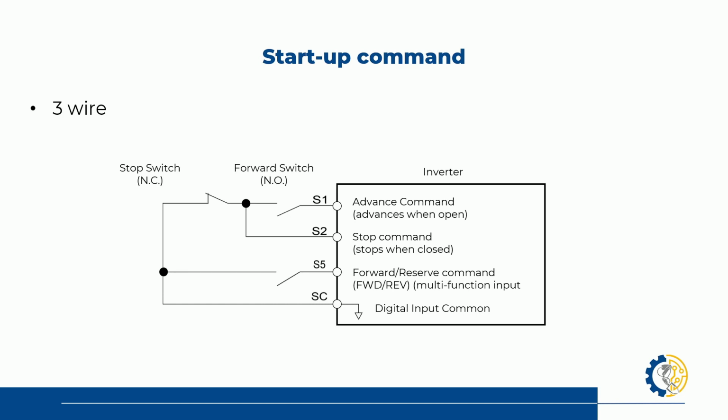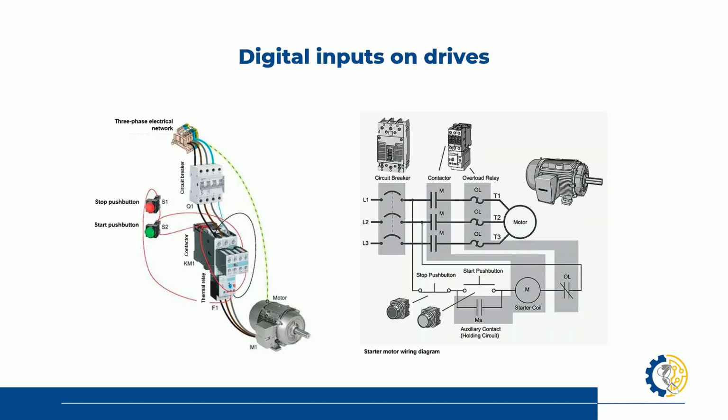So we're going to run a comparison on how we did our start-stop before frequency drives existed. For our old machines, we had our contactors. Well, we still have these, and we still use these. But I'm talking about our automatic part.